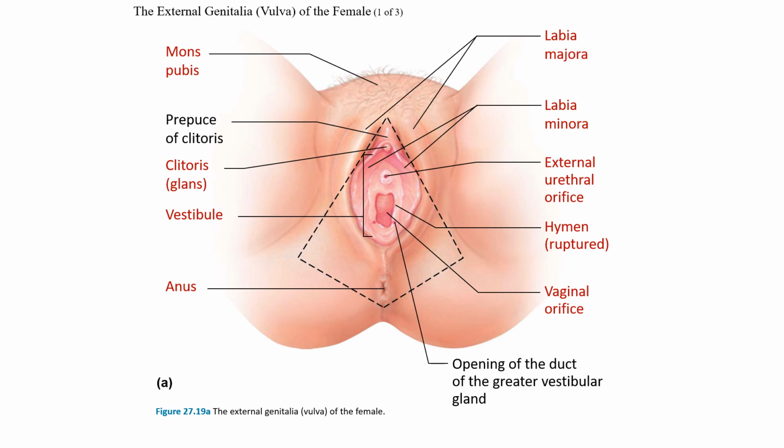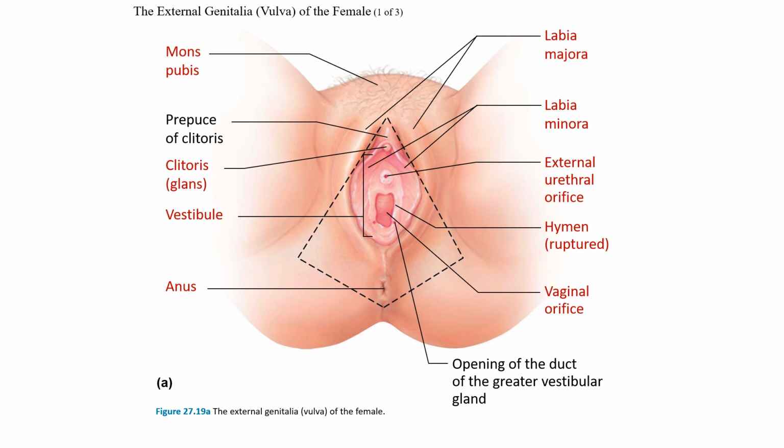That's why it's important to always wipe front to back, front to back. In this way, you'll help prevent urinary tract infections and vaginal infections.